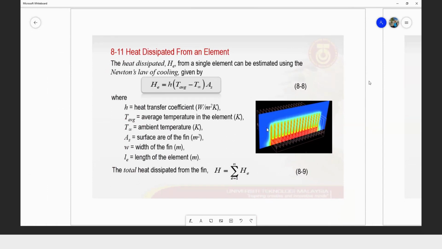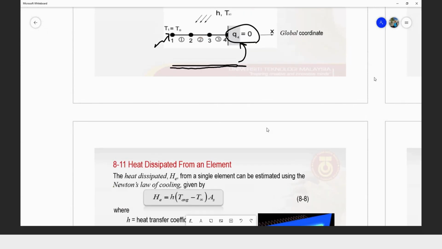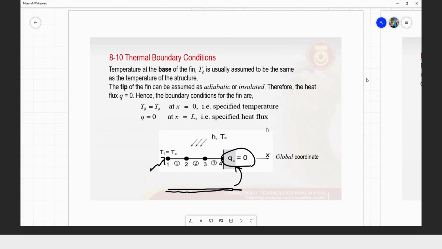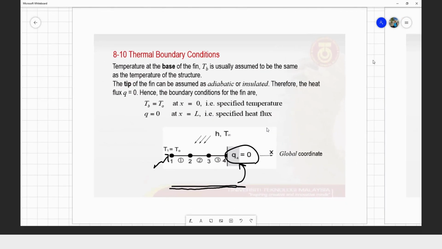So when you have this boundary condition applied to the system of linear equations, we implement a similar process by eliminating the rows and columns of our system of linear equations, and also the treatments that are required for specific heat flux.